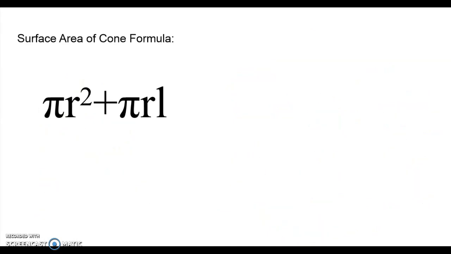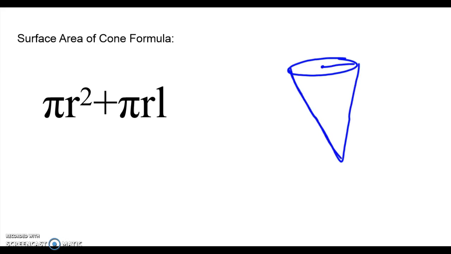The next one, the area of the cone, is a little different because we actually are including the slant height. Cones also have a slant height right here. Slant height is always written as an L or a cursive lowercase l.